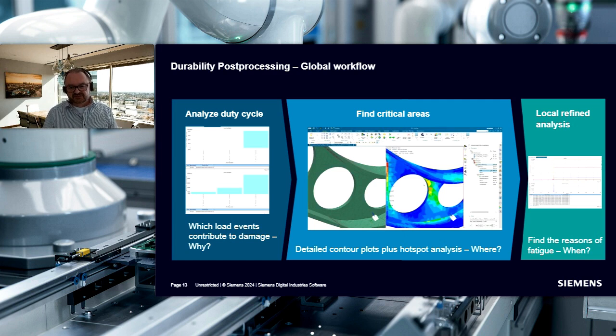And if you then identify there are some regions where a lot of things happen, you can do a local analysis and see, for example, when in the load history some damages occur. Or what Eva mentioned before, which of the loads which are applied there on the structure have the highest impact on the fatigue life.